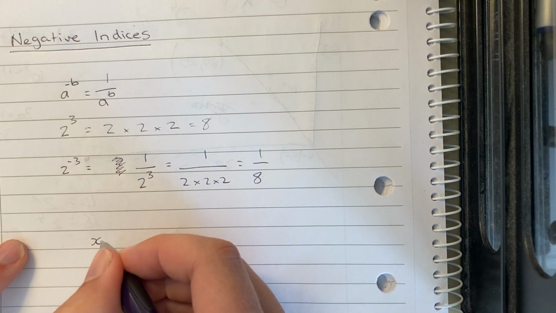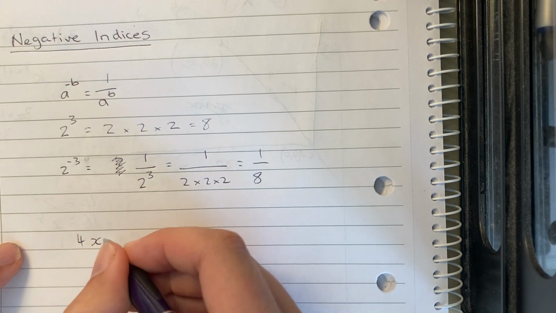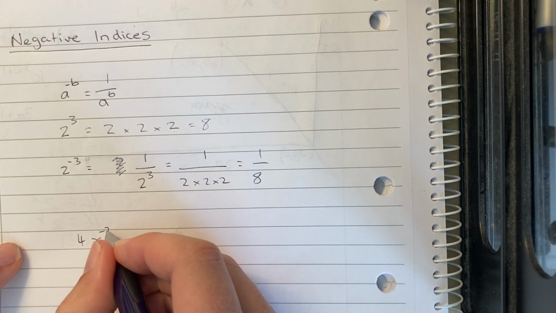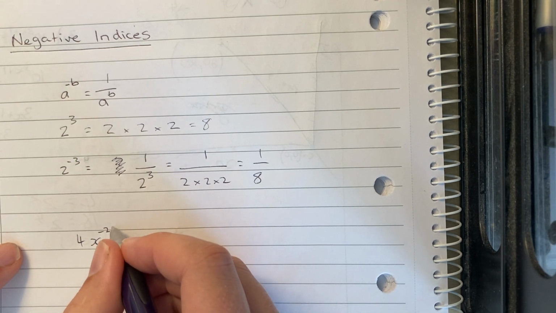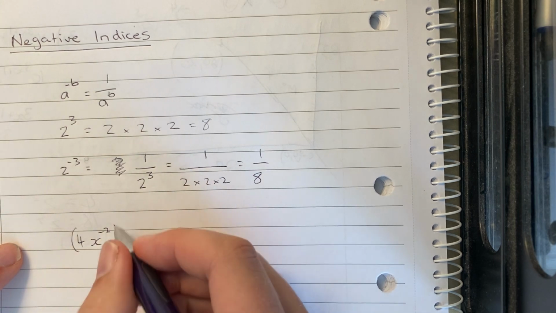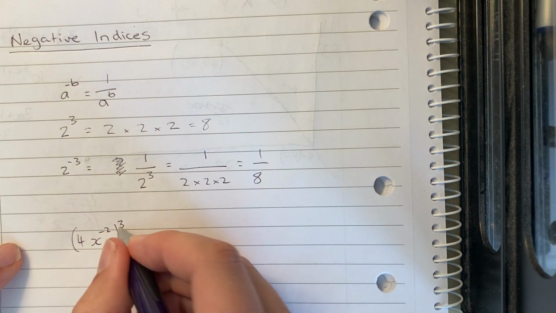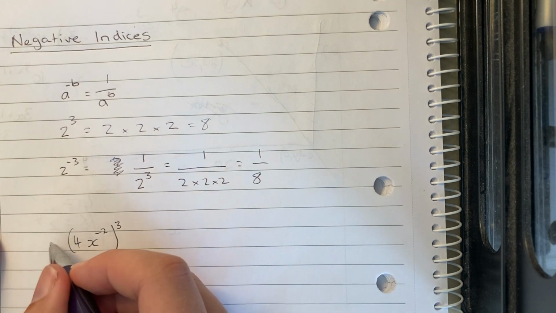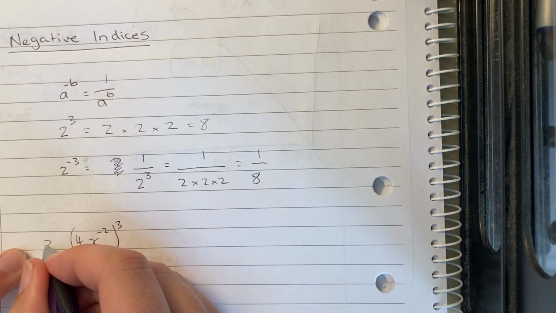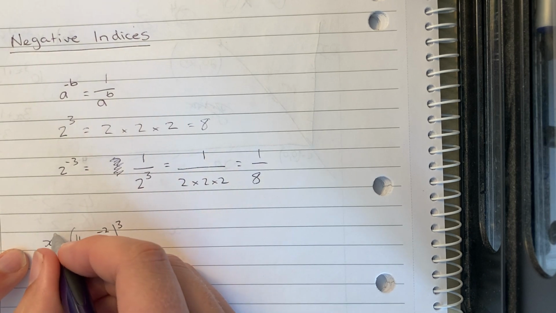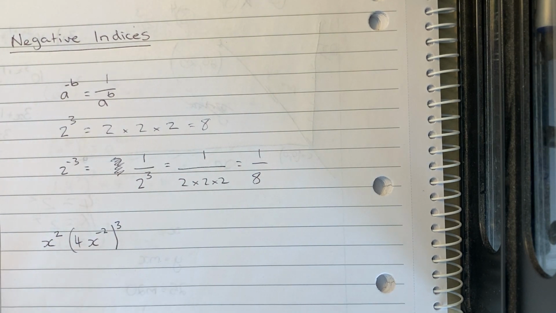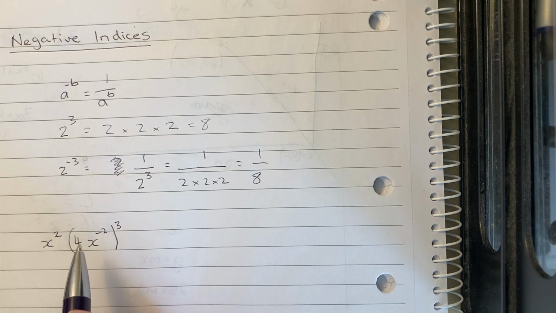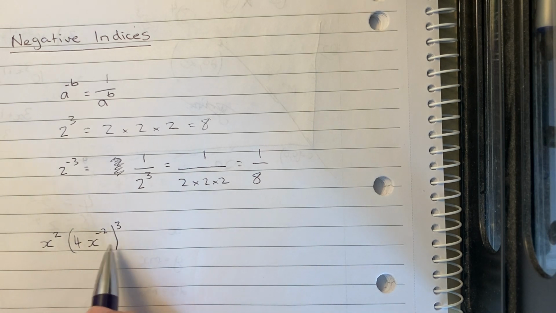We'll start with 4x to the negative 2, all to the power of 3, and we're going to multiply that all by x squared. So this could be a problem that you would get in a test. This looks quite messy, but you'll see that this actually simplifies quite nicely.